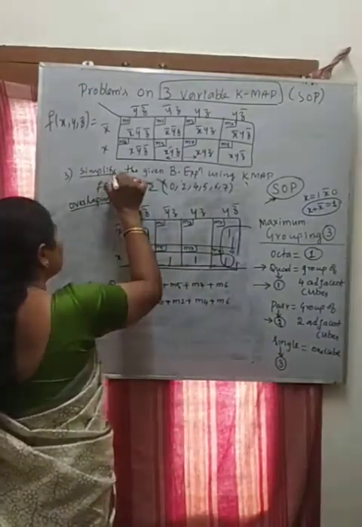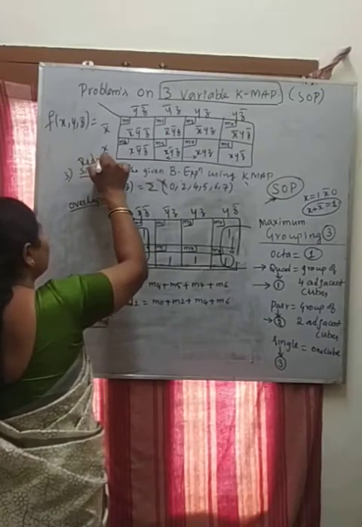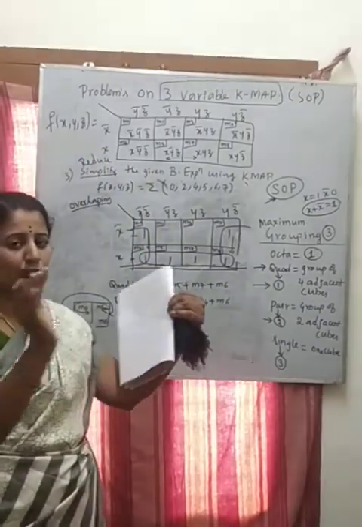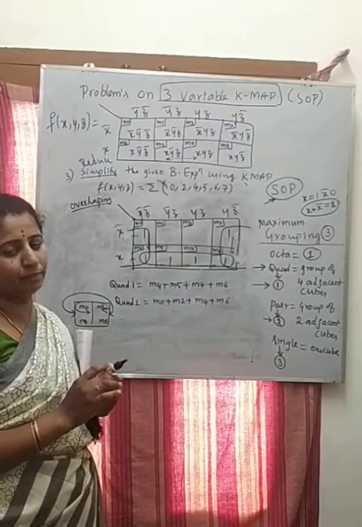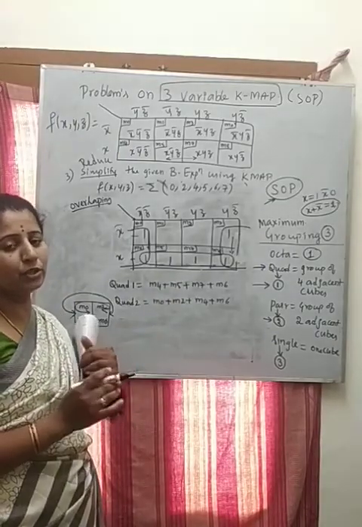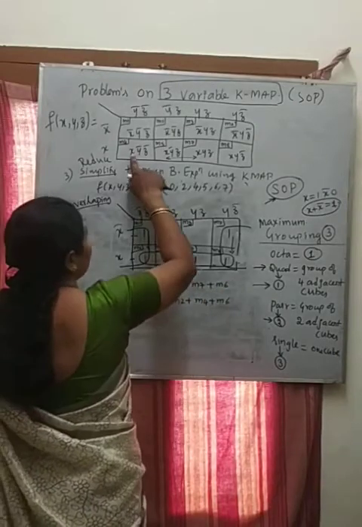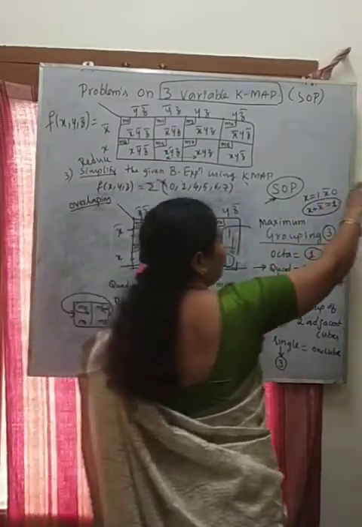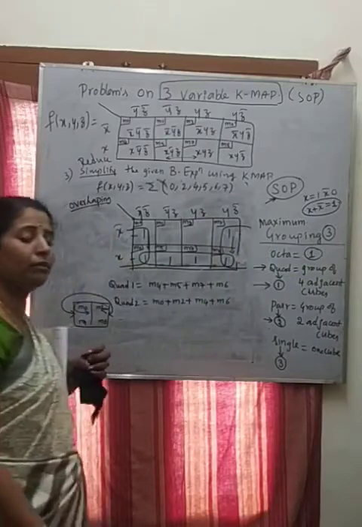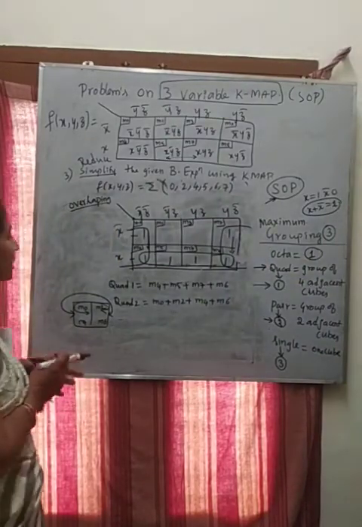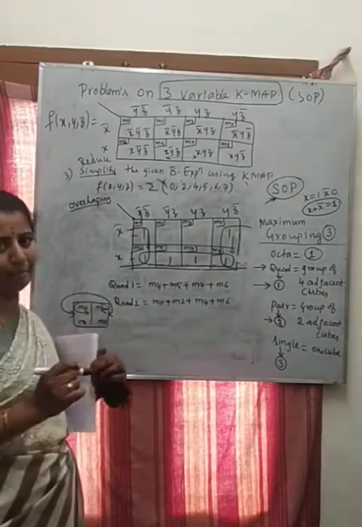Our aim is to simplify or reduce a big expression into a small expression. If I want to write all these terms, my expression will go very, very long. That gets reduced with a K-map.